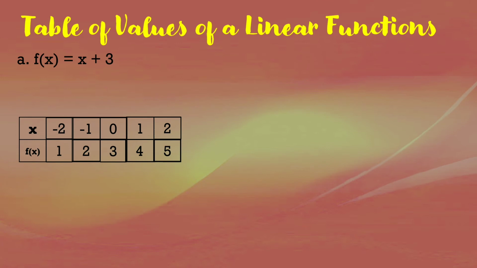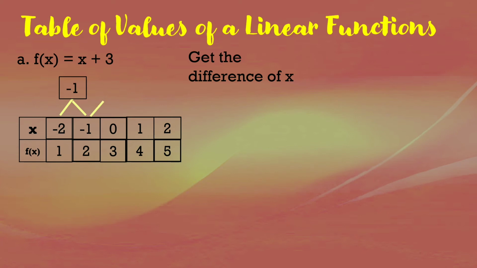Let's observe this. Get the difference of x. You can go from left to right or from right to left. The answer is the same, only the sign differs; it can be negative or positive. So, negative 2 minus negative 1, the answer is negative 1.